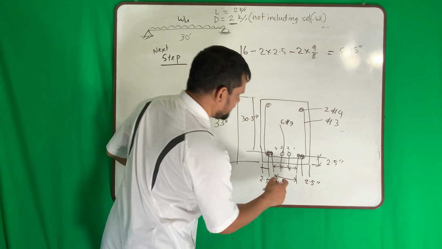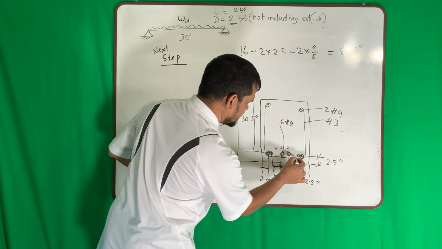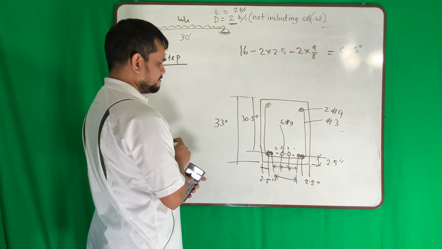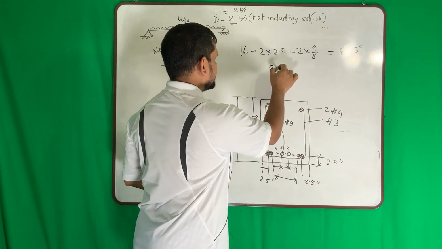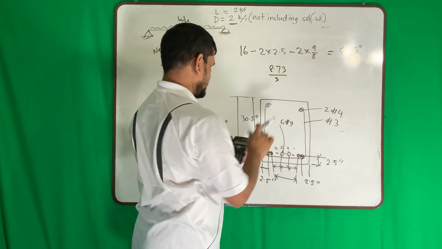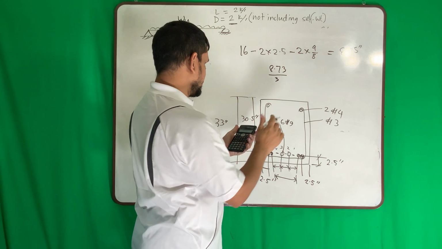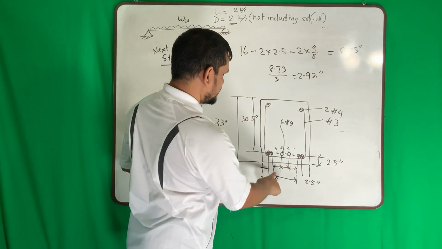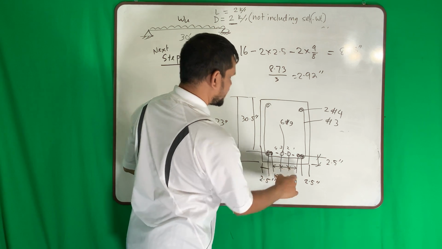That means one space here, other space here, other space here. So if I divide it by 3, 2.92 inch. So 2.92, 2.92, 2.92.